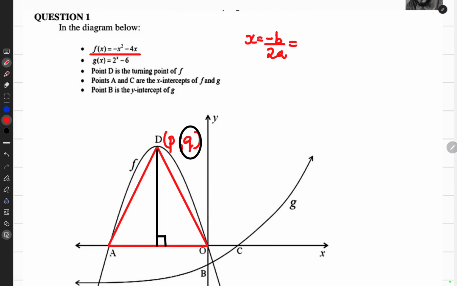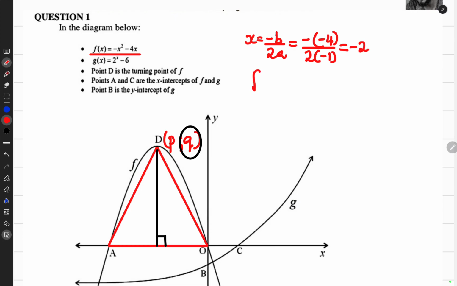Where there's b, you'll substitute negative 4, and 2a, where there's a, negative 1. So we can tell that P will be negative 2.